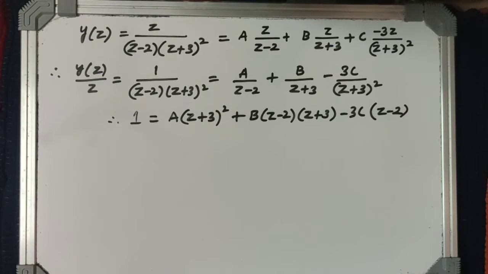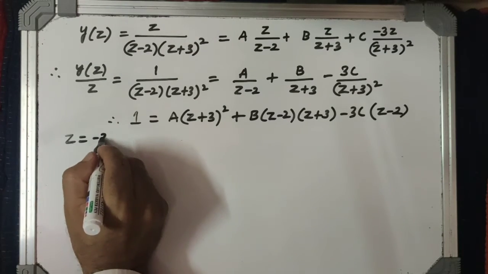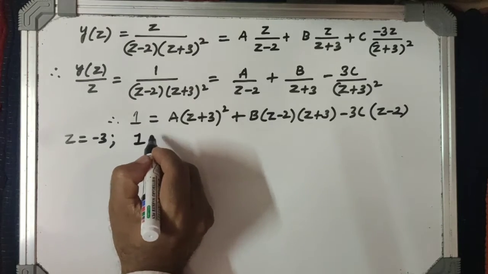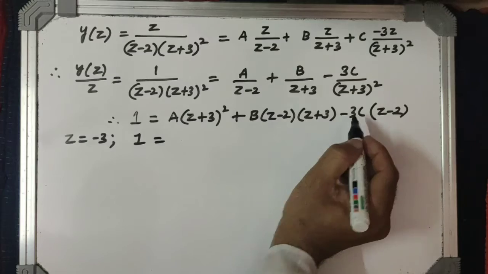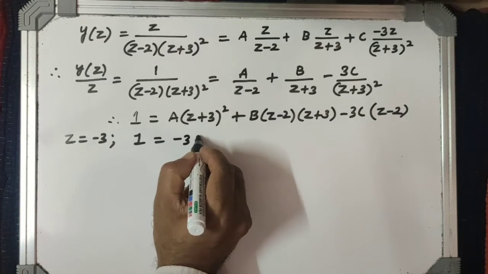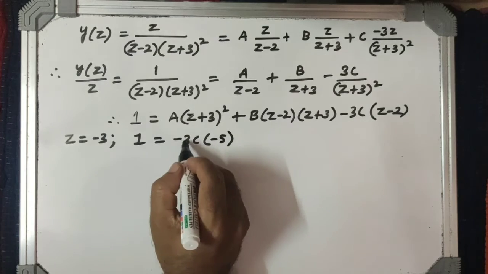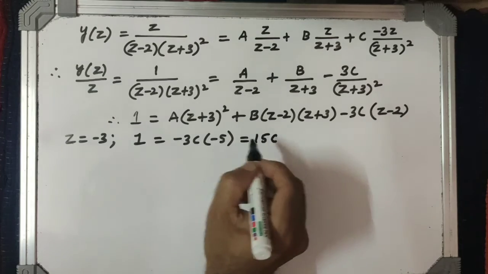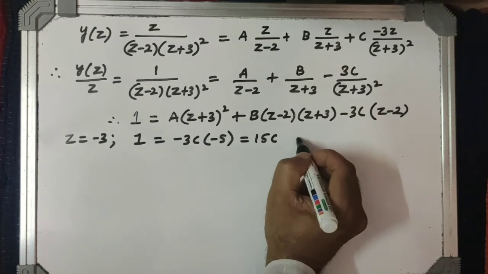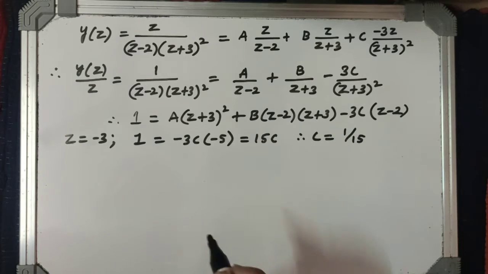Now put Z equal to minus 3. When Z is equal to minus 3, the left hand side is 1, on the right hand side minus 3 plus 3 is 0, so these terms are 0, leaving minus 3C into minus 3 minus 2, which is minus 5. Minus into minus is plus, so 5 threes are 15, so 15C will be equal to 1, therefore C is equal to 1 by 15.